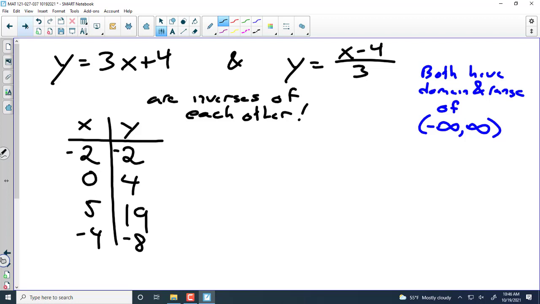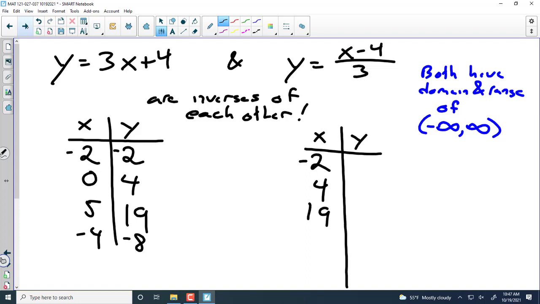Now this is what makes inverses so cool, everyone, and this is one of the reasons we study them. Because if you come over to this one over here, and you plug in -2, 4, 19, and -8, do you know what you're going to get? Well, what I did was I just took these x values, turned them into y values, then I let these show up over here. And now watch this, everyone. -2 minus 4 is -6, divided by 3, -2.